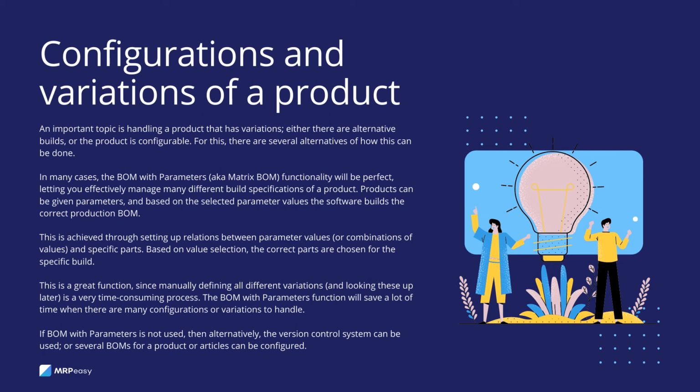Products can be given parameters, and based on the selected parameter values, the software builds the correct production BOM. This is achieved through setting up relations between parameter values, or combinations of values, and specific parts. Based on value selection, the correct parts are chosen for the specific build.